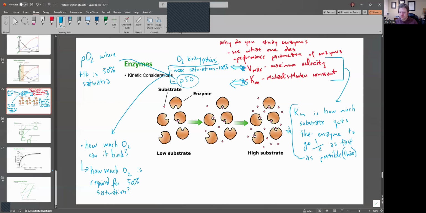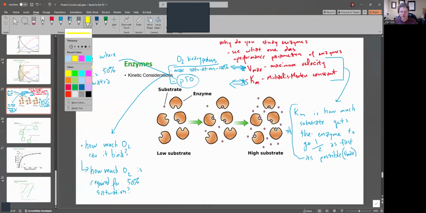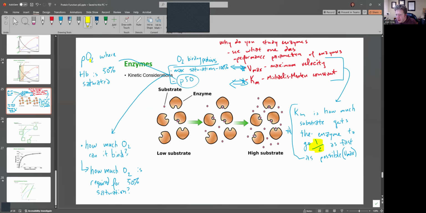Okay, cool. I want to highlight one thing so you can anticipate it. Half as fast as possible, or half Vmax, you're going to see simplified as Vmax divided by 2, or Vmax over 2.